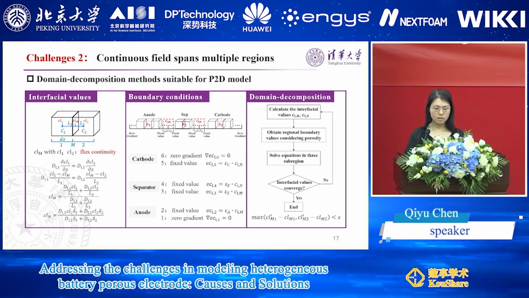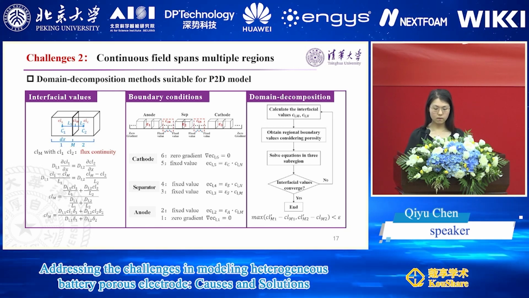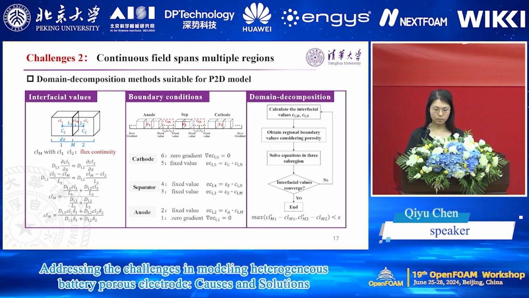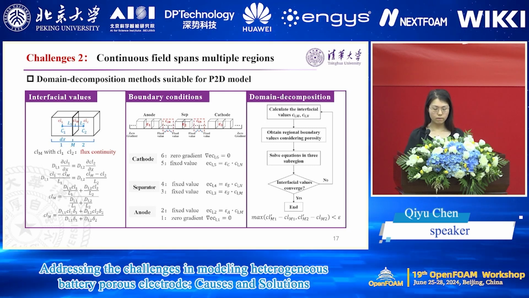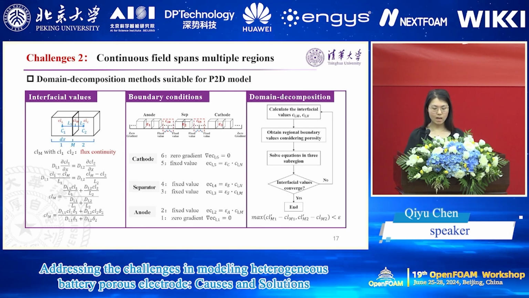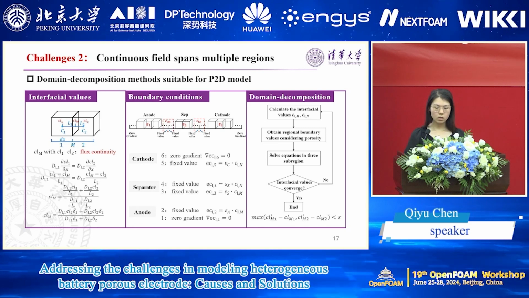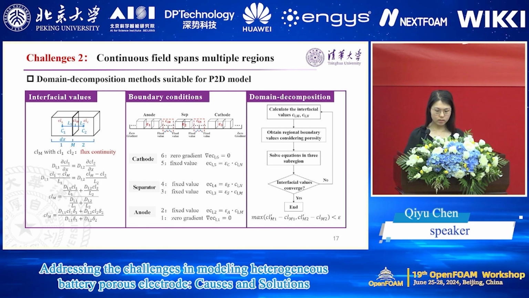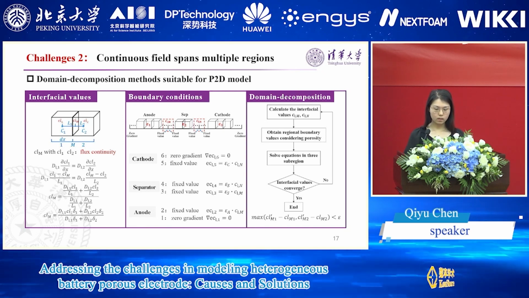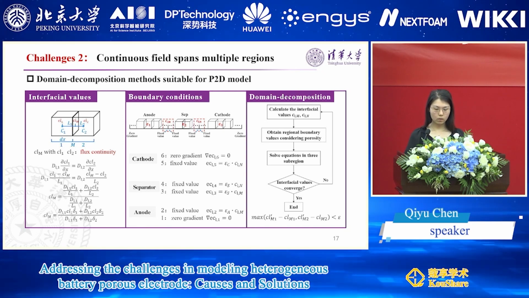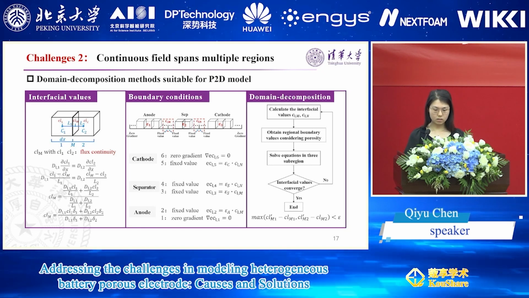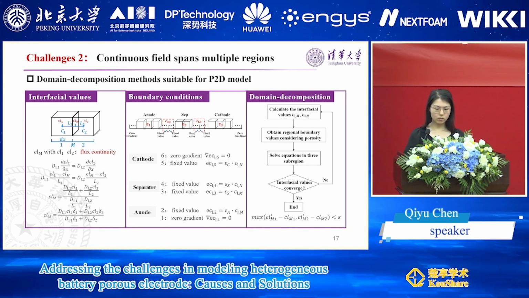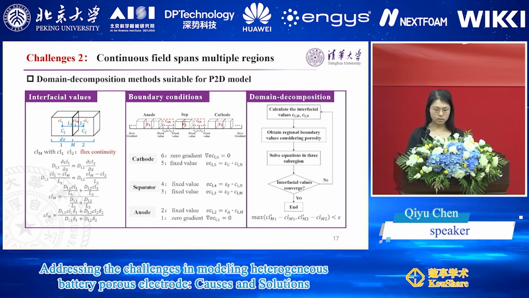For the anode-separator and separator-cathode interfaces, one side is fixed with a specific value boundary condition to ensure field continuity, while the other side has a fixed gradient to ensure the flux continuity. Since the concentration equation is a transient equation, the exact inflow and outflow rates cannot be determined at each moment. Thus, iteration is necessary to obtain the final self-consistent values.